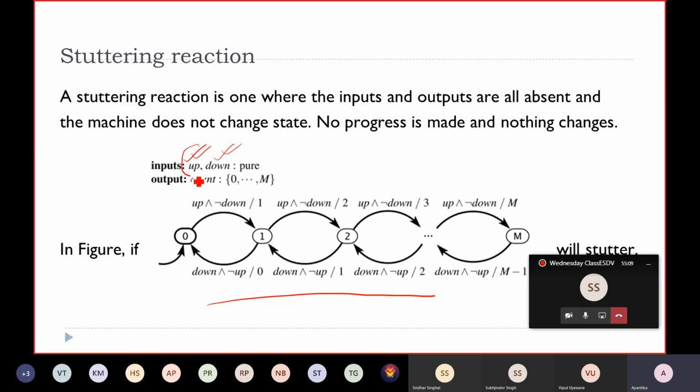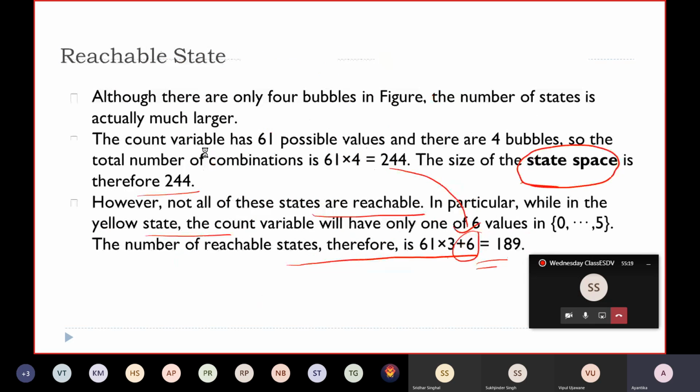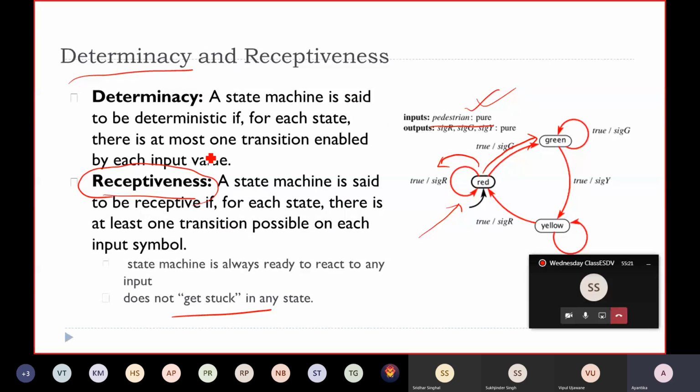So these are your control inputs, which you are giving to your states. Now receptiveness means, going back to the definition, that for each state there is at least one transition possible on each input signal.